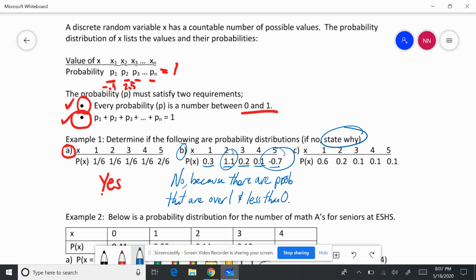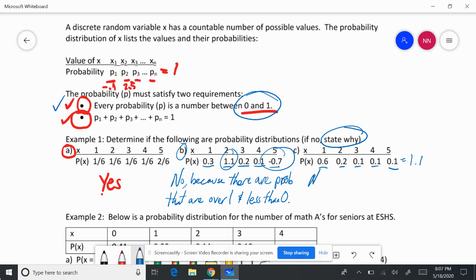Now, if we're looking at letter C, does it meet the first criteria? Are all of them between 0 and 1? And when we're looking at each of them, we would say yes, it meets the first criteria. If we're looking at the second one, does it add up to 1? 0.6 and 0.2 is 0.8, 0.9, 1, 1.1. That adds up to 1.1.